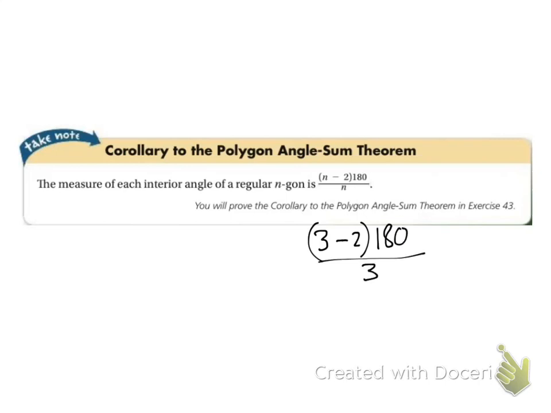A regular triangle would be a triangle that has all congruent sides and congruent angles, and remember, that would be an equilateral triangle. We said that equilateral triangles have congruent sides, congruent angles, and each angle is 60 degrees. So we want this to come out to be 60. 3 minus 2 is 1, so we've got 1 times 180 on top, which is just 180. 180 divided by 3 is 60. And so it works.